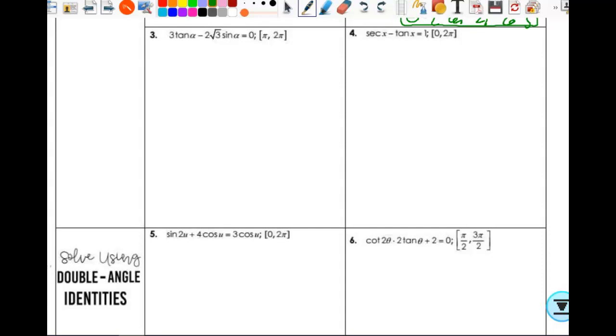But I do know that I can change tangent into something with a sine in it, right? We agree with that? So I can make this into 3 sine alpha over cosine alpha minus 2 square roots of 3 times sine alpha equals 0.